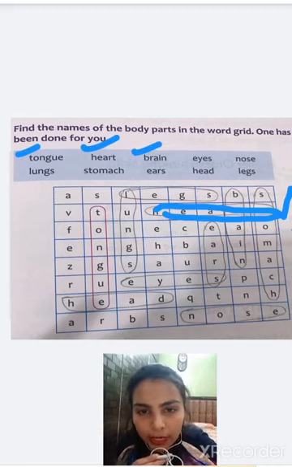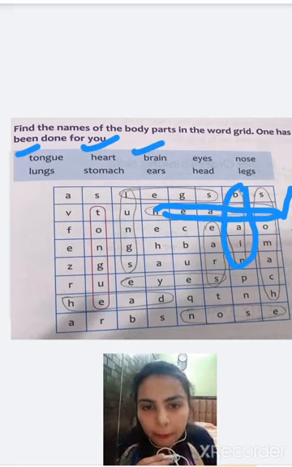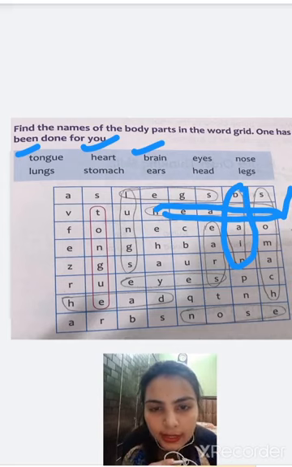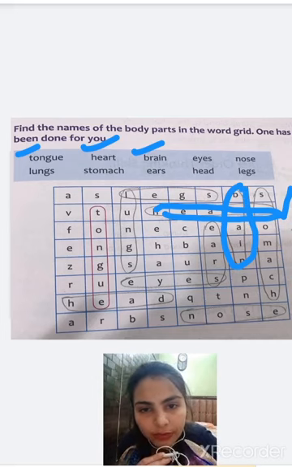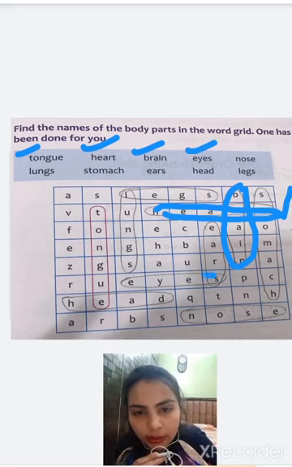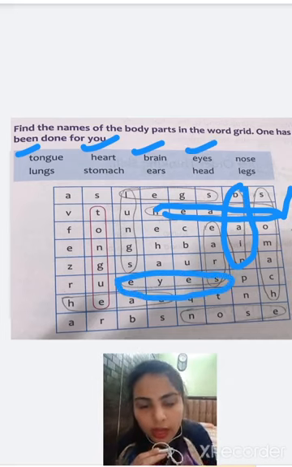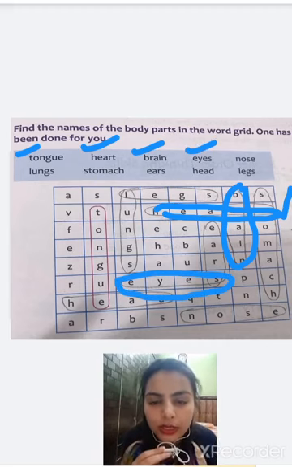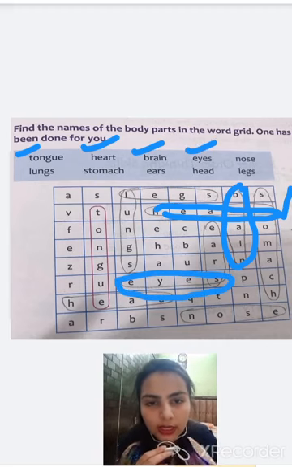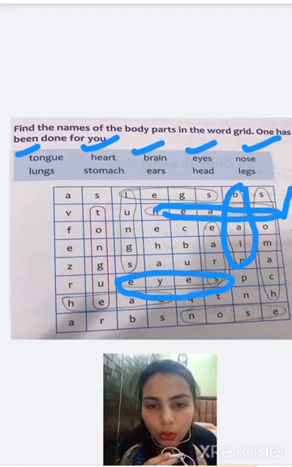Next is brain. In the second last, it is written brain. Next is eyes. In the third column from the last, it is written eyes. Next is nose. Find out nose.